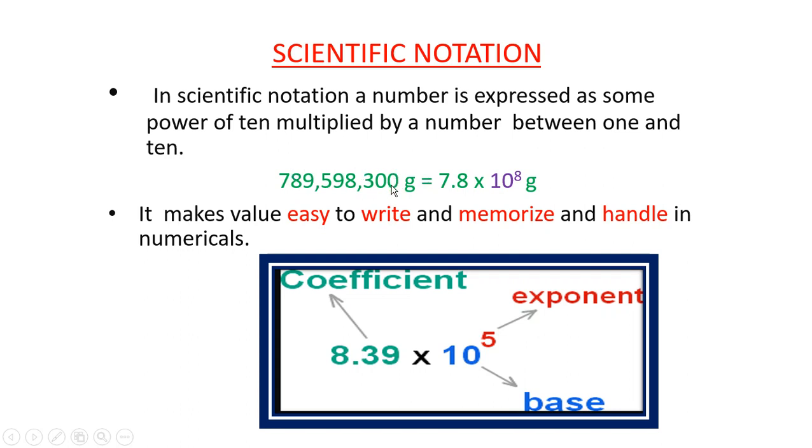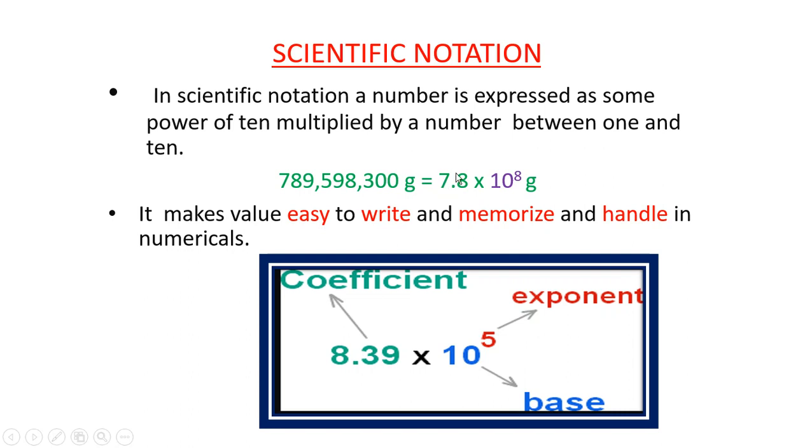We have to deal with very big or very small quantities in physics. So we convert these values into a simple form, scientific notation, using a multiplier of 10.